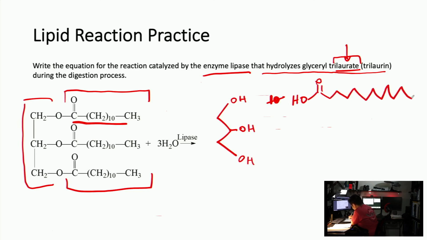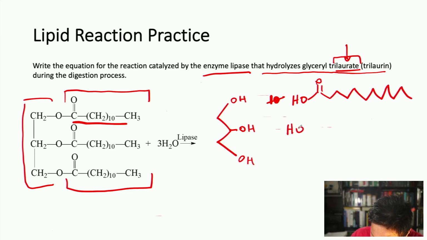Right? Or you can draw it this way too. Remember the short way. 12 carbons. But I prefer the line angle way.